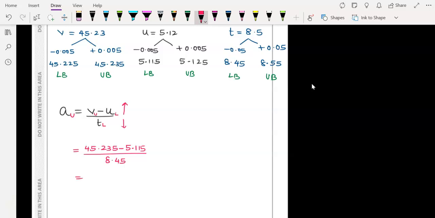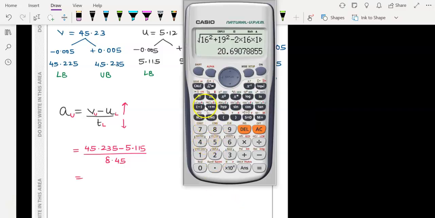Now let's put all these values in the calculator. So we have 45.235 minus 5.115 divided by 8.45. So the decimal answer is 4.7479.